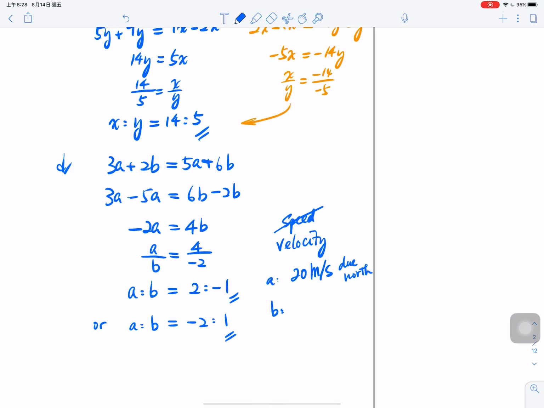Then B is 10 meters per second due south, meaning a different direction of the velocity, okay? So I need to say that it's a velocity. Understand clearly? Okay, good.